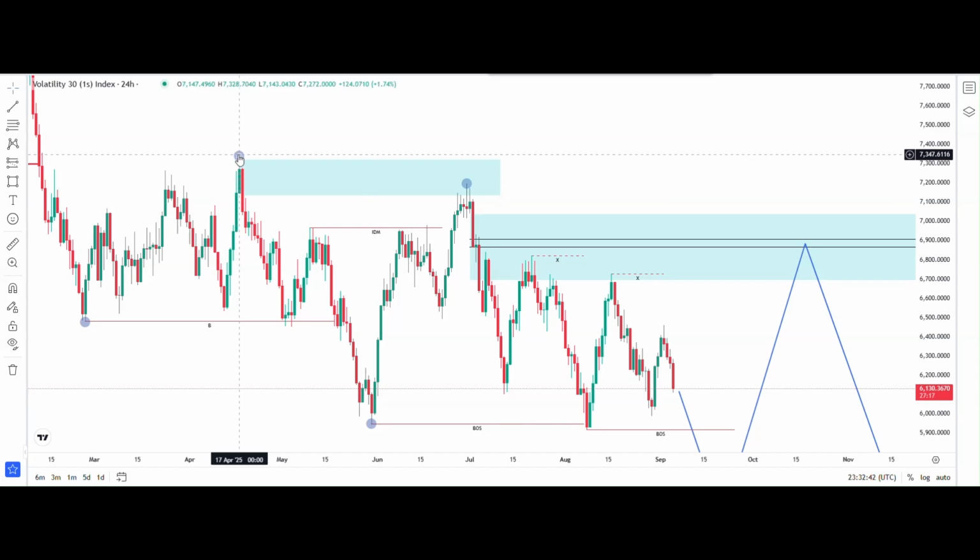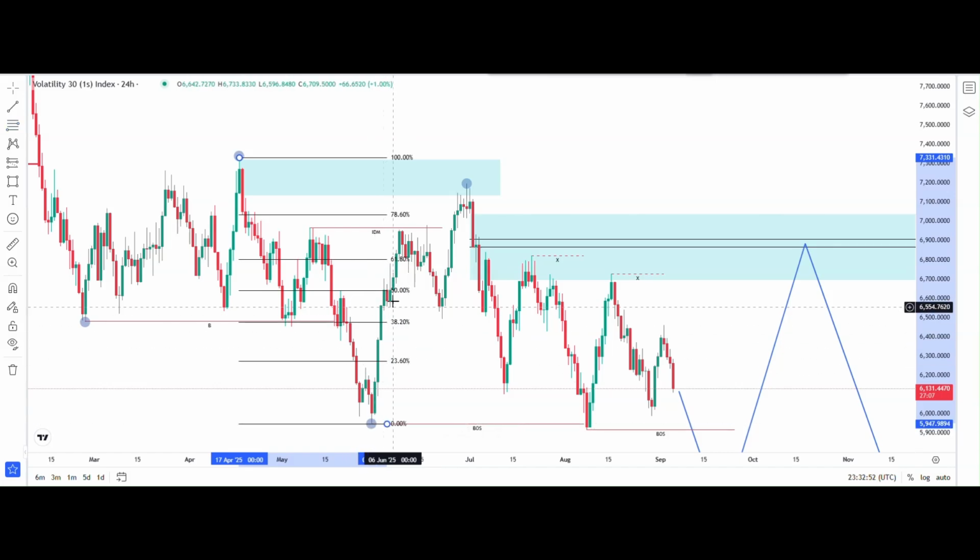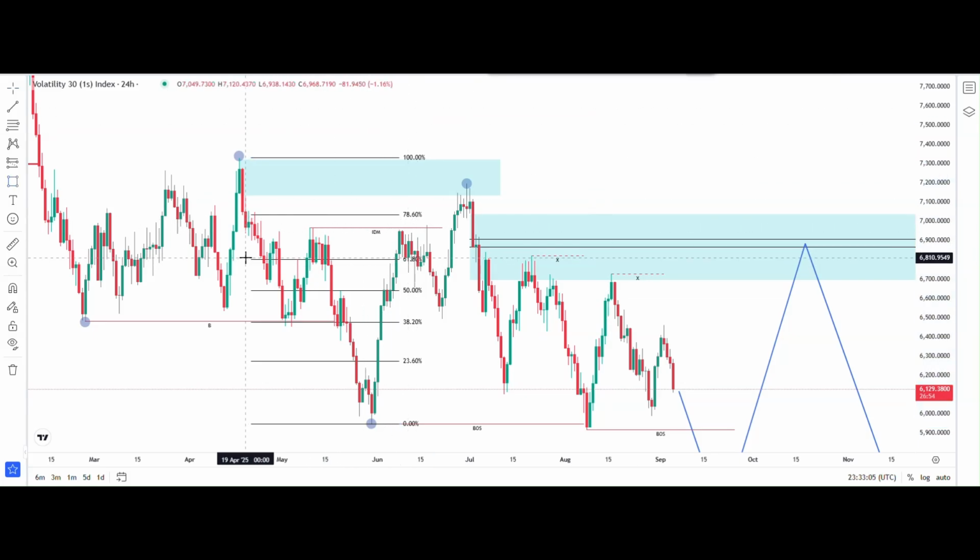Market pulls back within this high and this low, this range into premium, which is, as we know, above the 50%. So above this 50% area here, anything above the 50, the 61.8, the 78.6, this area here is what we consider to be the premium zone of price, right?